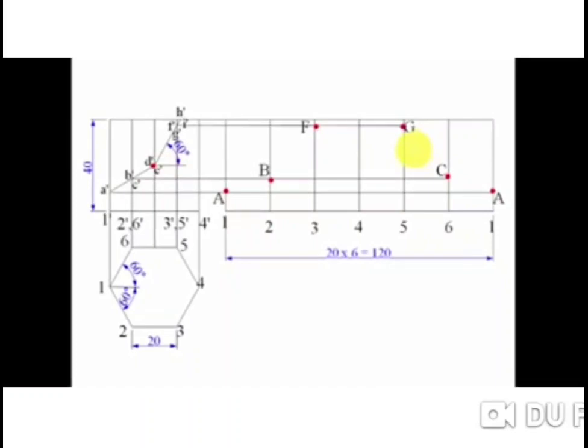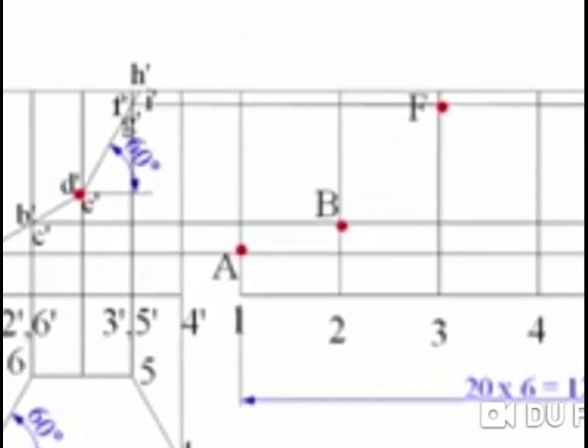Now it cuts. If you look clearly here, it cuts the top face. The cutting action line cuts at this point at the end, at some distance from this vertical line.